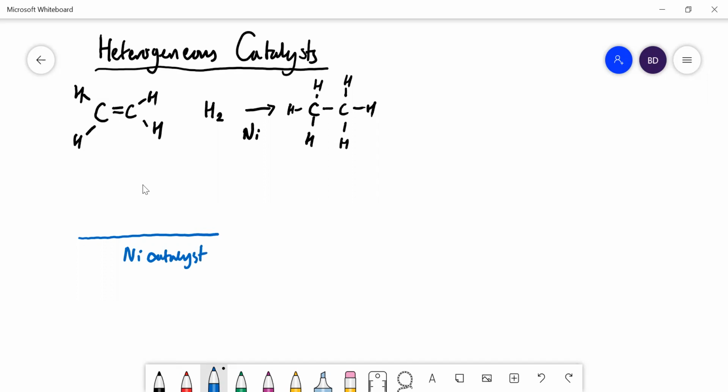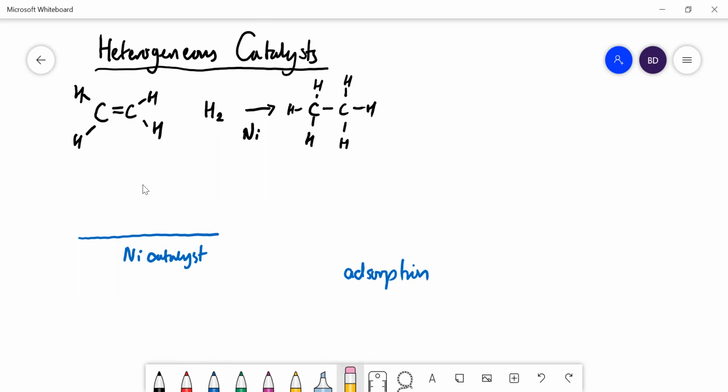And what happens in heterogeneous catalysis is you get a phenomenon called adsorption, not absorption, adsorption. So it forms a loose association with the surface of the metal.